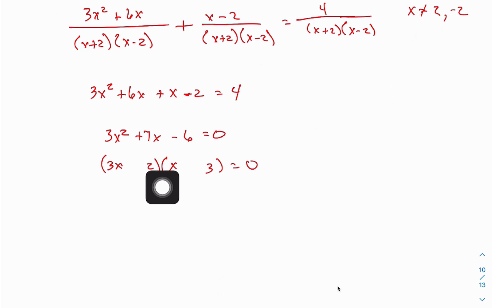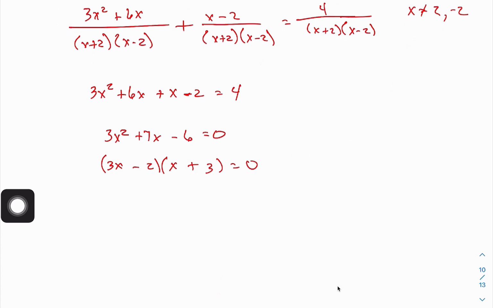Remember what we're checking is the inside and the outside to see if we can get that middle term of 7x. So I've got a 2x, and outside gives me a 9x. Sure enough, from 2 and 9, I can get a 7. And I need a positive 7x, which means that's got to be positive, and that's got to be negative. We end up with inside is a negative 2x, outside is a positive 9x when you multiply.